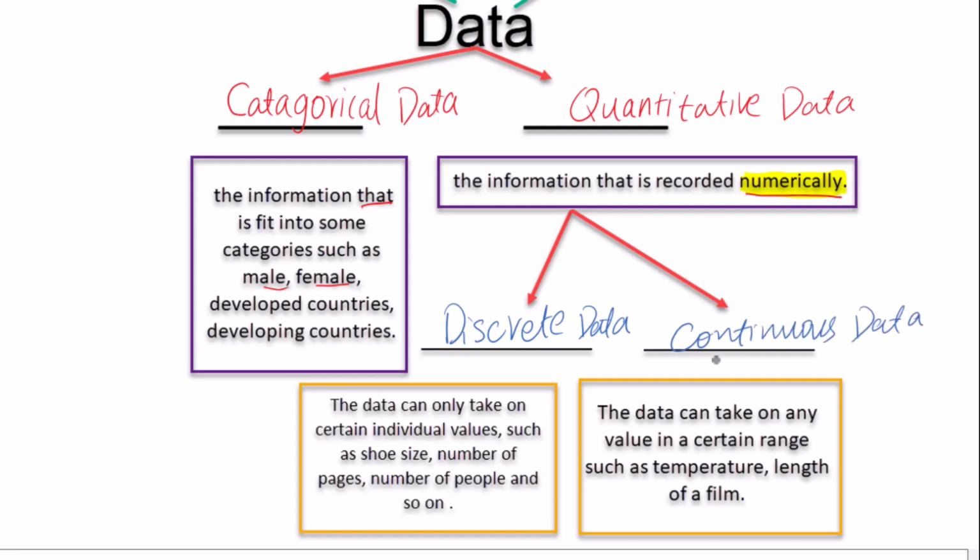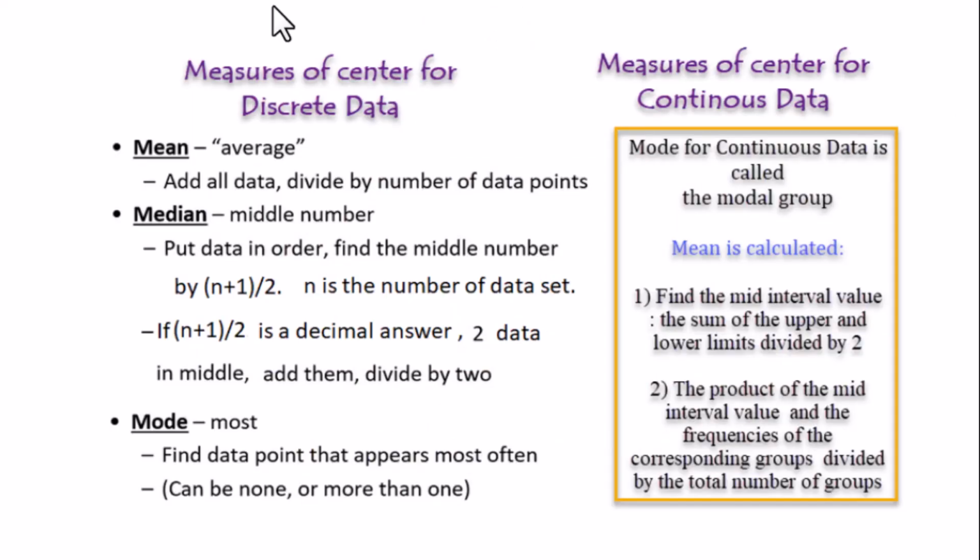For this lesson, we will work on central tendency of discrete data and continuous data. Measures of center for discrete data. Mean means average. Add all the data divided by number of data points. Median is a middle number. We will put data in order from least to the greatest.